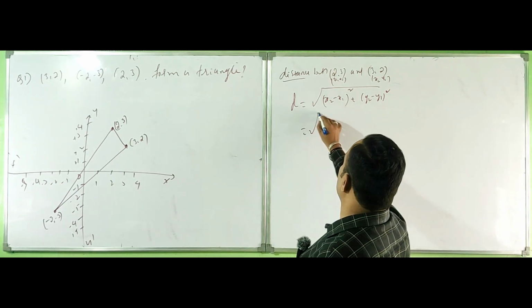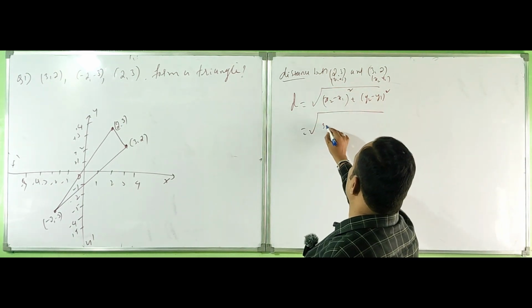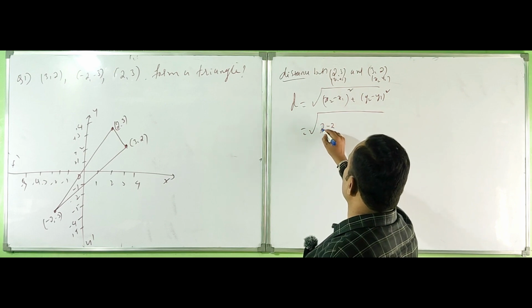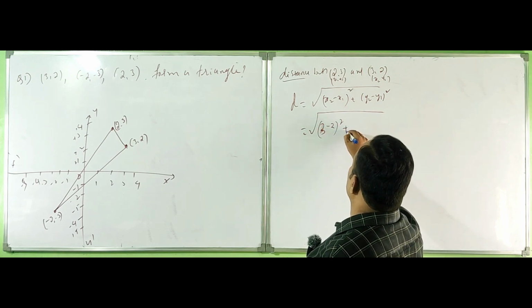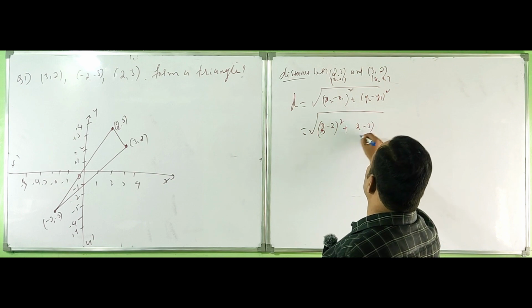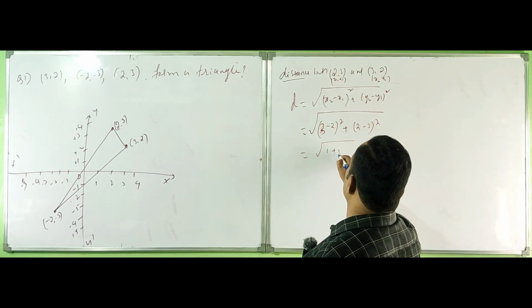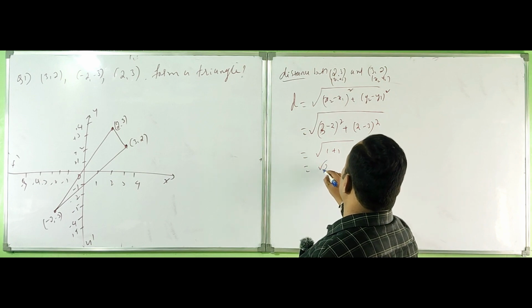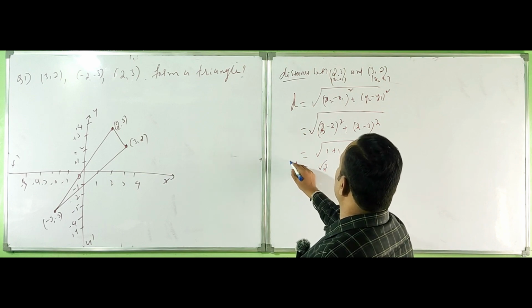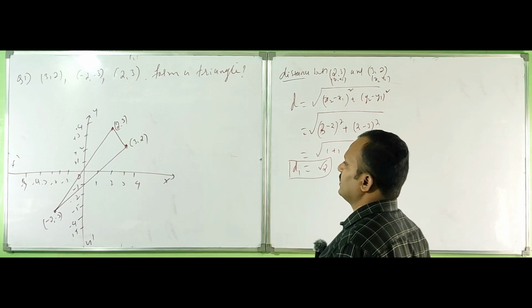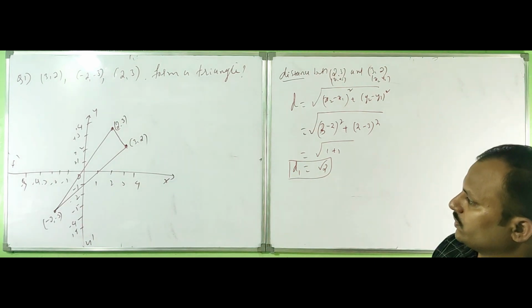This becomes square root of 3 minus 2 whole square plus 2 minus 3 whole square. This is square root of 1 plus 1, square root of 2. So d1 is root 2.